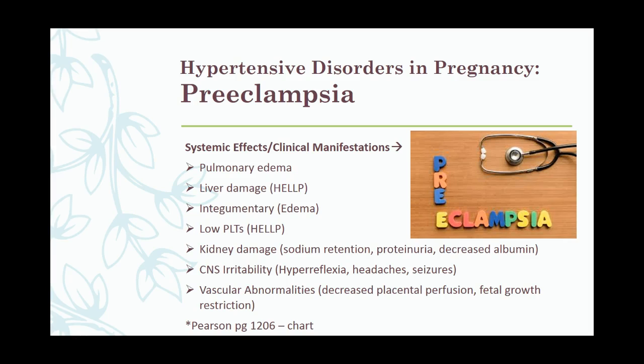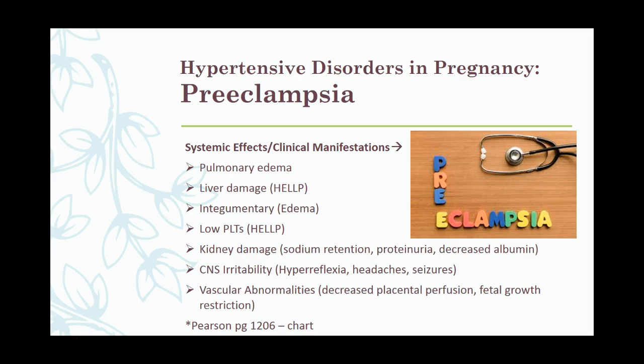And they also will have vascular abnormalities. They have decreased placental perfusion and fetal growth restriction. Remember how we talked in class a few days ago about people with high blood pressure and what high blood pressure does to your vasculature. It damages your vessels. If blood pressure continues to maintain a higher than normal level, it will damage your vessels. So remember, in pregnancy, we have a lot of vessels in the placenta.